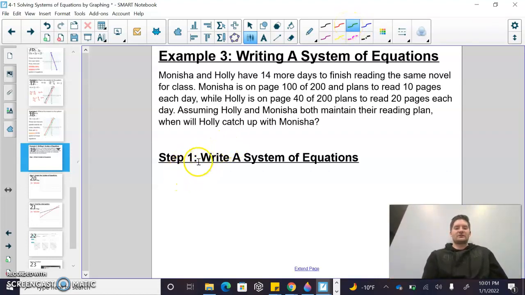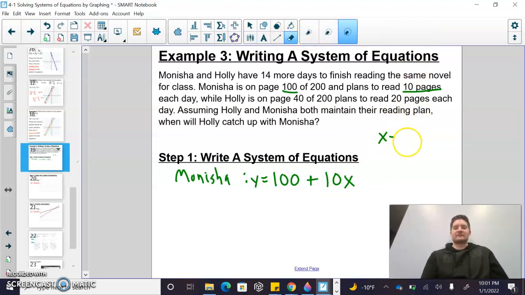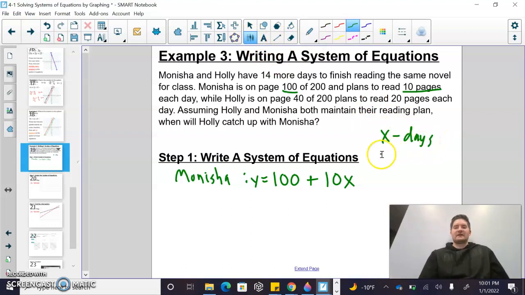Writing a system of equations, Monisha is going to be green. And we said that Monisha starts on 100, so that's her starting point, and she reads 10 pages. We're going to represent days by x, and our y is going to be the number of pages.